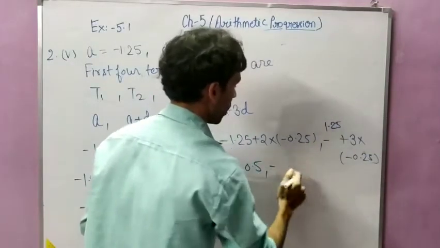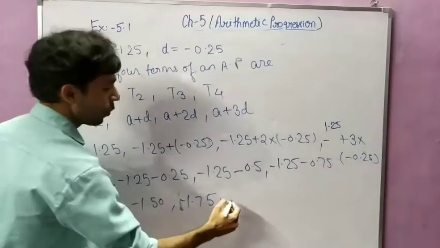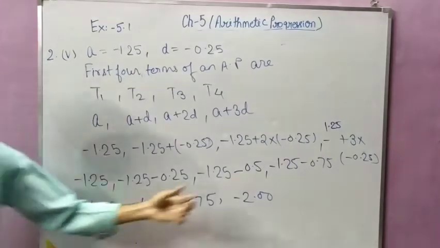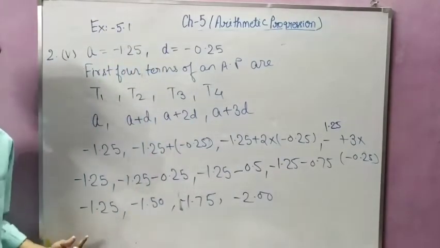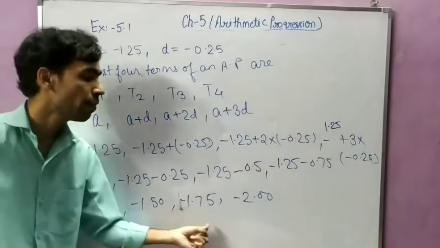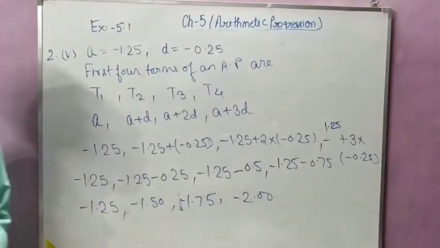So here will also 1.25 minus 0.75. So fourth term will be minus 2.00. Okay, I have left 0.25 in the above part, so that's why. Now first four terms will be minus 1.25, minus 1.5, minus 1.75, minus 2. Okay, so that is the first four terms of an AP.